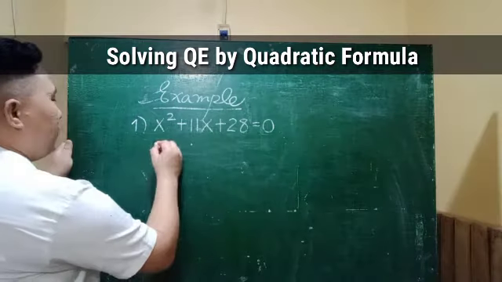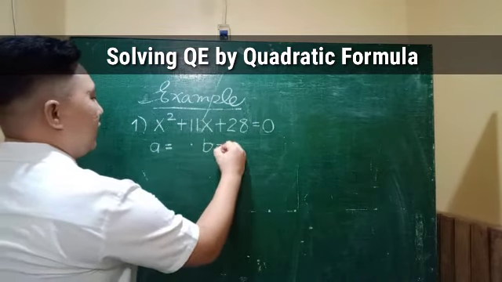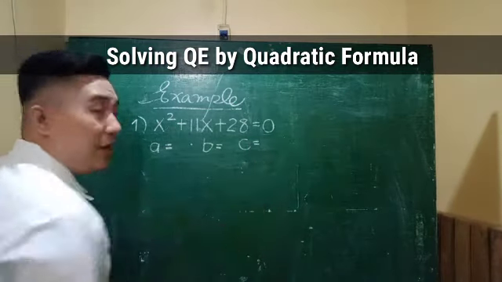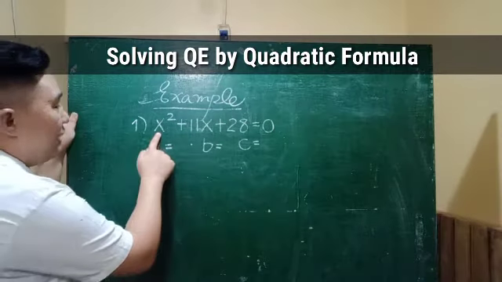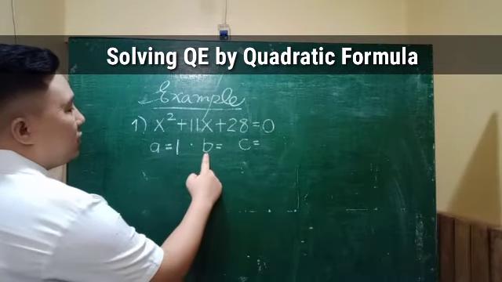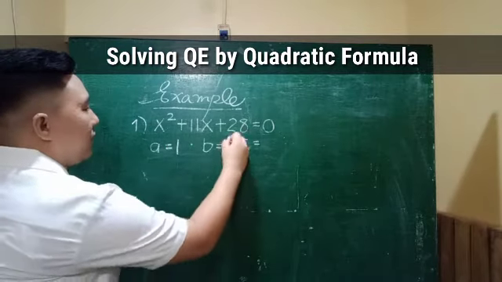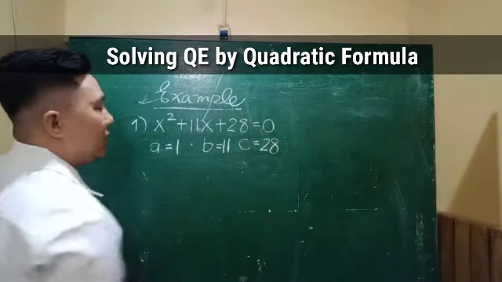So what is the value of a, b, and c? So the values of a, b, and c, ito yung coefficient ni x squared, which is 1. Pag walang number, 1 yun. Coefficient ni b, 11. At constant number, which is 28. Okay?